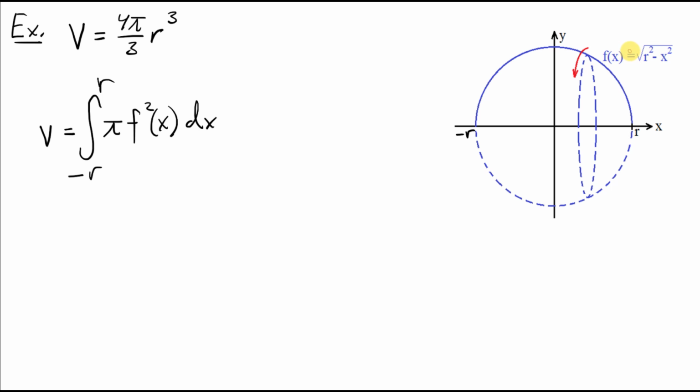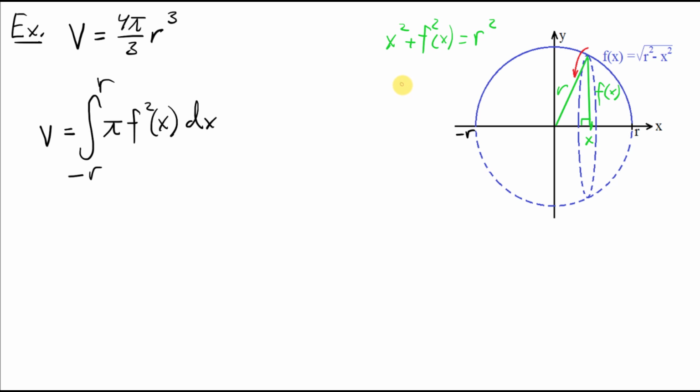So where have we gotten this from? If you take a point here on the half circle, then this distance here is just the radius of the sphere. And this one here is f of x. And here we have a right triangle. And this value here is x. So by Pythagoras' theorem we have that x squared plus f of x squared should equal r squared.